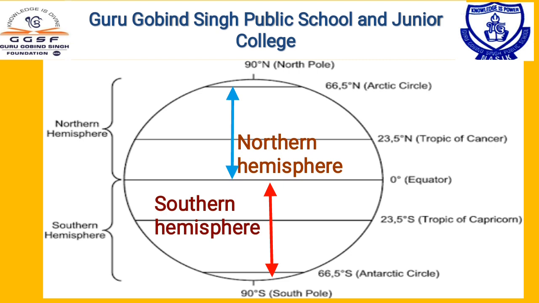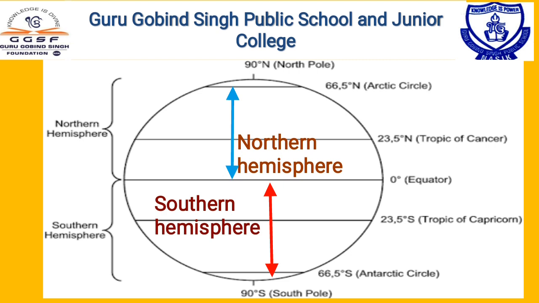So dear students, again, when we move away from the equator toward the north, then at 23 degree 30 minute north, that parallel is known as the Tropic of Cancer. That parallel, the Tropic of Cancer, also passes through our India.